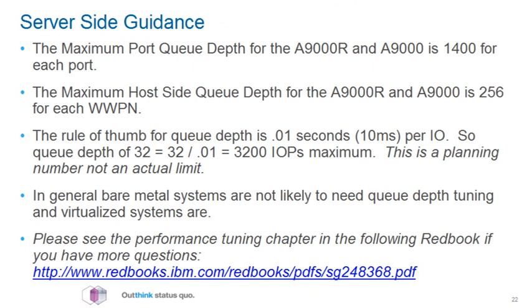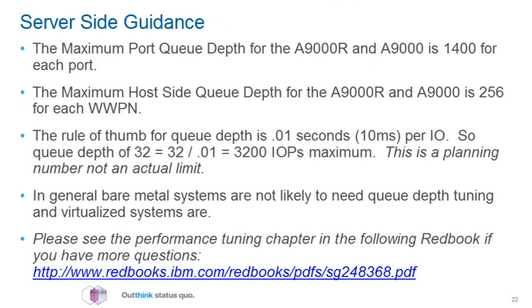Okay. Here is a very handy rule of thumb for queue depth planning. It's 0.01 seconds per IO, that's 10 milliseconds. Is that a realistic number with all storage devices? Absolutely not. Okay, but it's an easy number for someone to use to plan with.